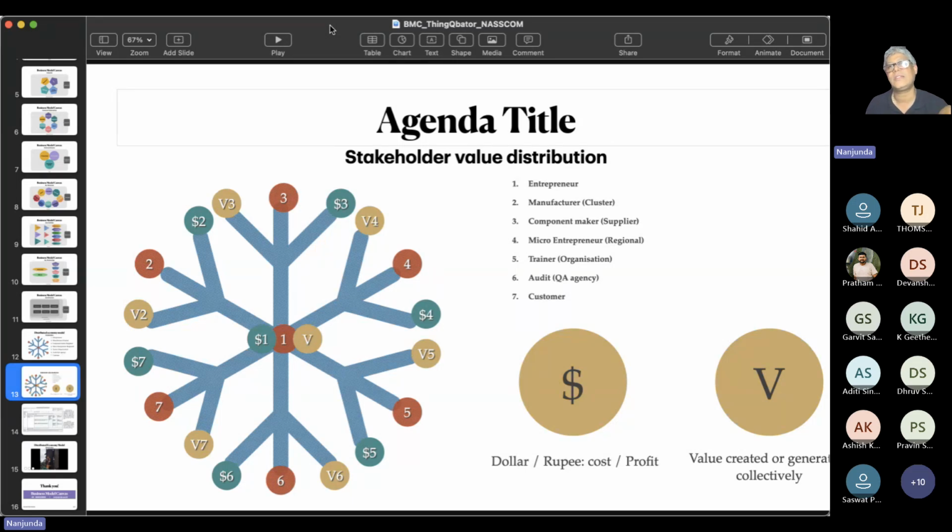See, in the context of the stock market, who are the players? Who are the biggest beneficiaries of the stock market today? The companies which are listed in the stock market.